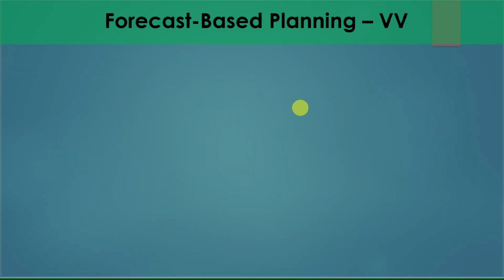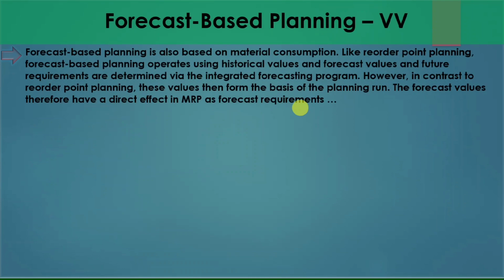So forecast based planning is also based on the material consumption. That is nothing but the trend in history, where you consumed a material. Like reorder point planning, forecast based planning operates using a historical value, as I said, and also the forecast value.